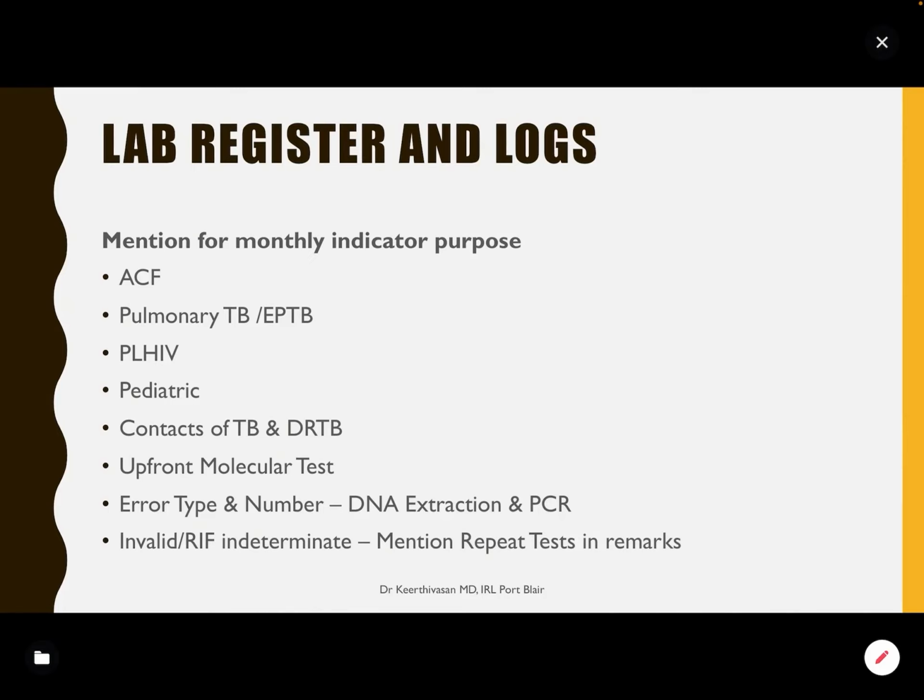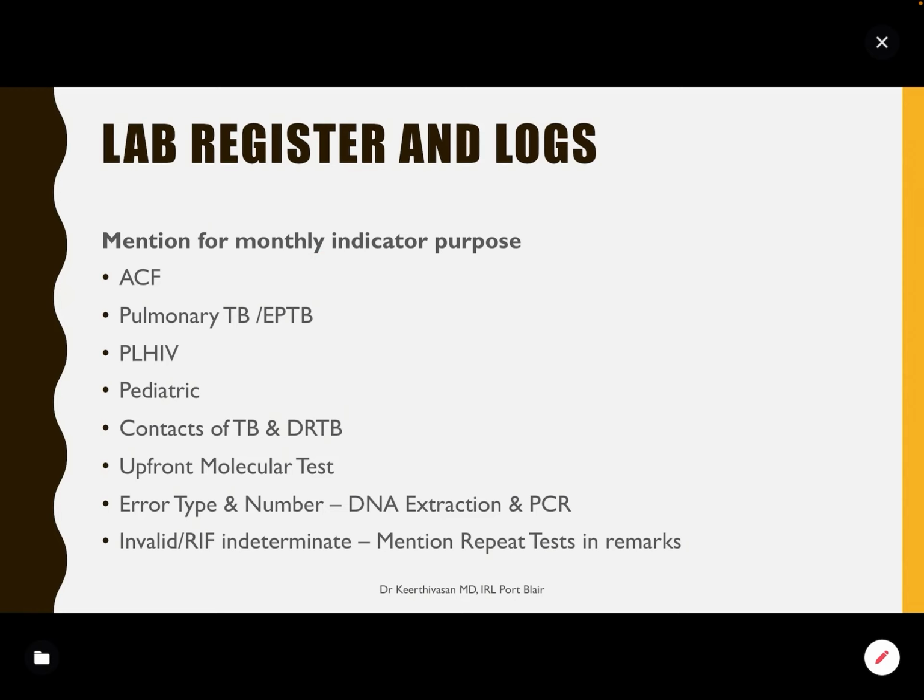Now let's take a look at the various lab registers and logs which have to be maintained. For the purpose of capturing the monthly indicator, when you write the patient information from the biological specimen form to your lab register, if you keep in mind the various categories of monthly indicator and write that information at that time itself, it will be easier for you to capture the monthly indicator at the end of the month.